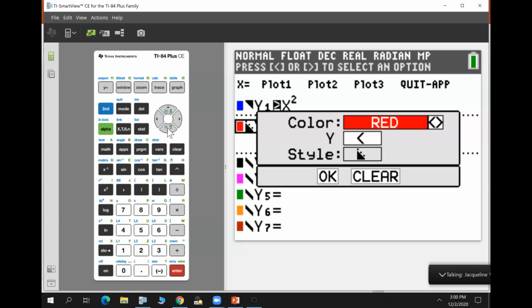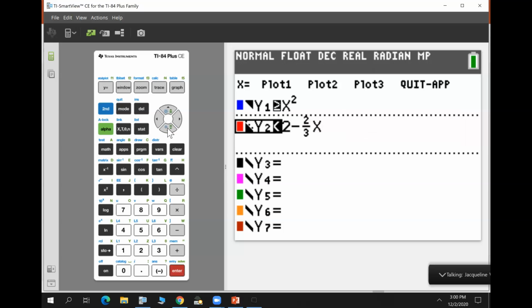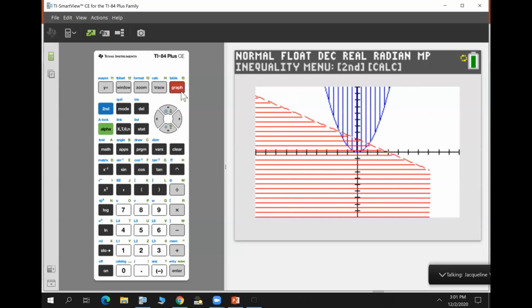And notice that when it chooses less than, it knows that it's dotted and it knows to shade below. So I don't have to do the test point. I don't have to figure out whether it's dotted or solid. It'll do all that for me. Okay. So now when I graph, that's the exact same graph we got on our piece of paper. So you are welcome to graph it on the calculator instead and just copy it over onto your piece of paper. That's perfectly fine. And again, this is the part that you want to shade darker, right where they overlap.